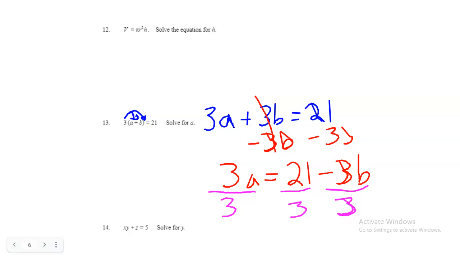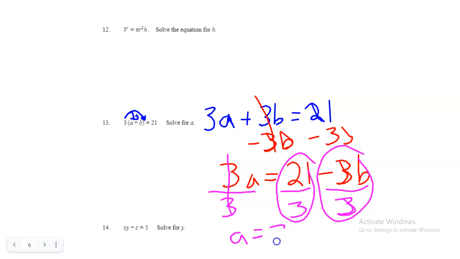So if I divide this by 3, and those cancel out, I have to make sure I divide the 21 by 3 and also the negative 3b by 3, okay? So when I do that, over here I'm left with A, and then 21 divided by 3 is 7, and then negative 3b divided by 3 is just minus b.